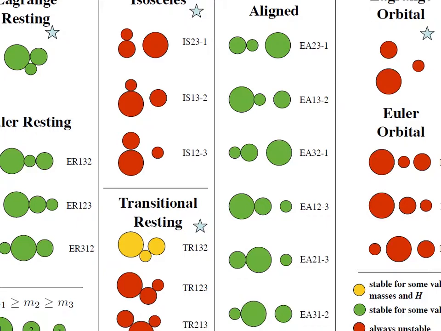And here we see some of the classes are always unstable, including, of course, the classical, which can be shown explicitly. And then there are some that sometimes are stable for some mass parameters and some angular momentum parameters. It's important to note, though, that none of these relative equilibria are actually stable across the whole range of angular momenta from 0 up to infinity.